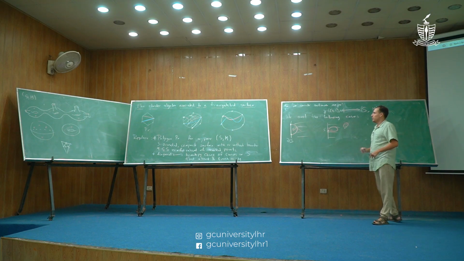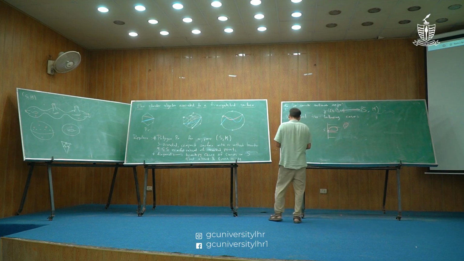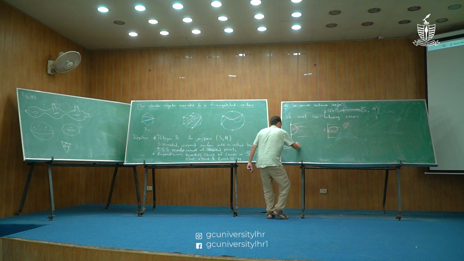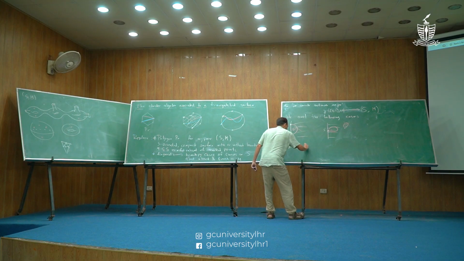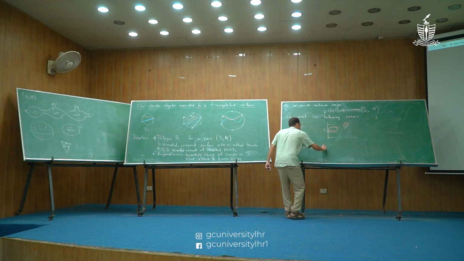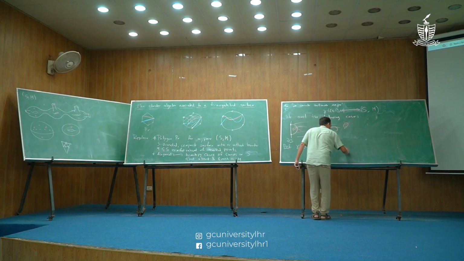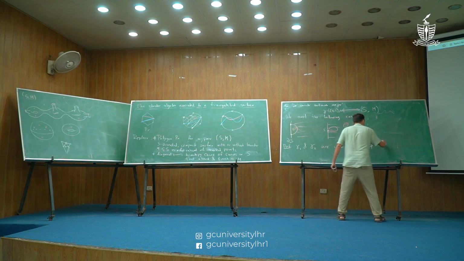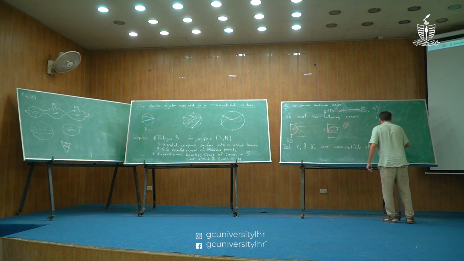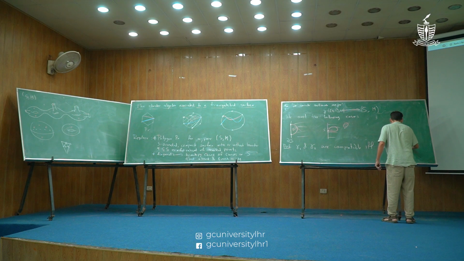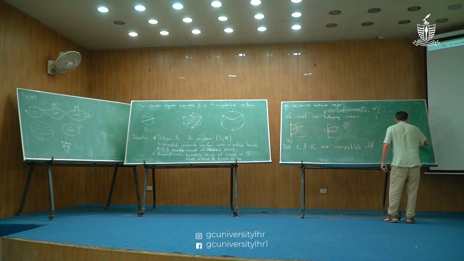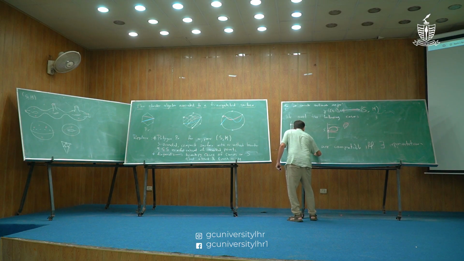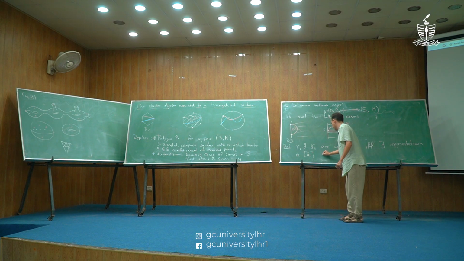Then we have to talk about compatibility. We say two arcs are compatible. Definition. Gamma 1 and gamma 2 are compatible if there exist representatives in the homotopy class of gamma.